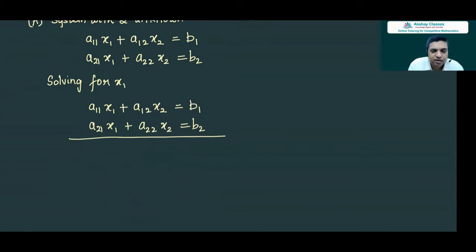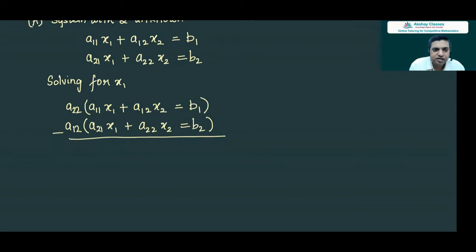For that, multiply the first equation by the coefficient of x2 in the second equation, and multiply the second equation by the coefficient of x2 in the first. Then the coefficients of x2 become equal: a12 into a22 times x2. Now we can subtract.